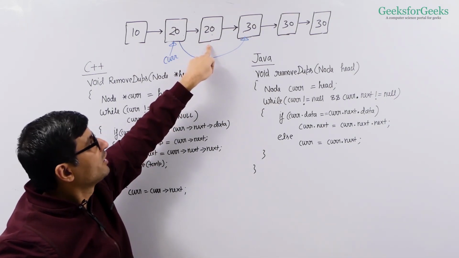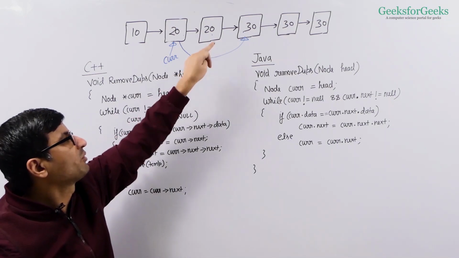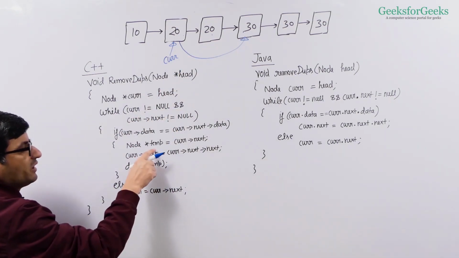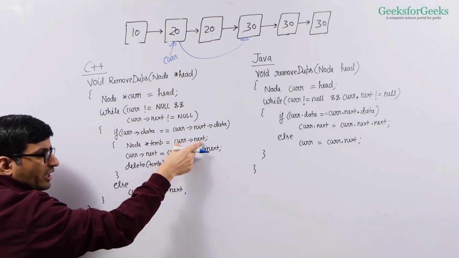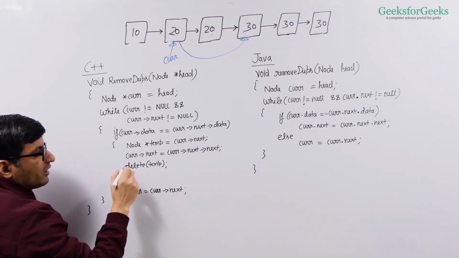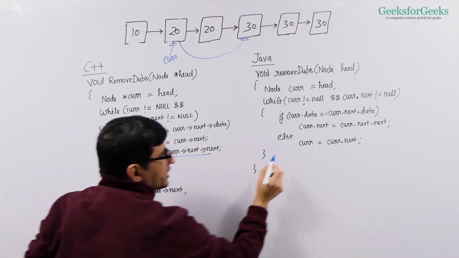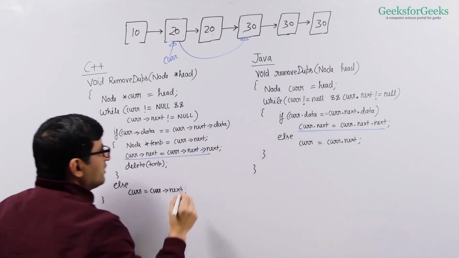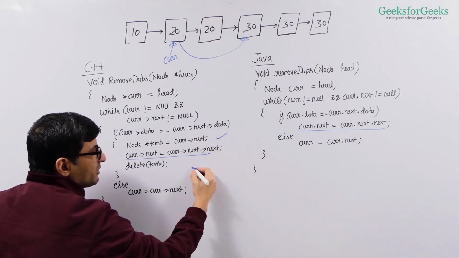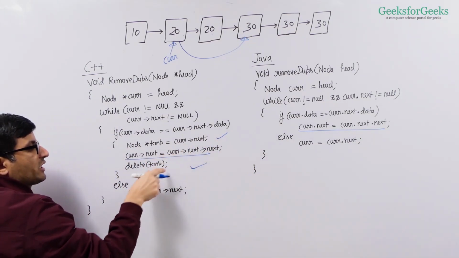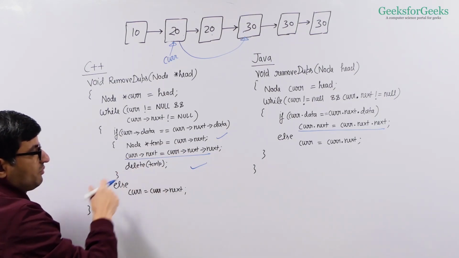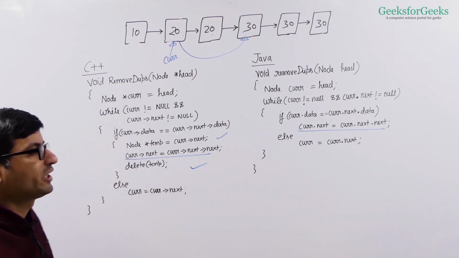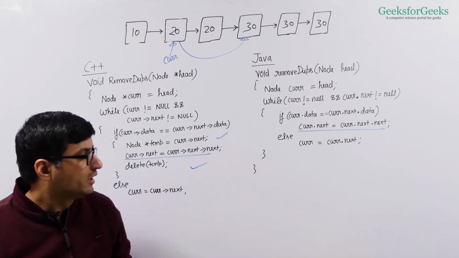Then we need to delete the memory allocated to that pointer. Then we do what we did in Java. These things are same in C++ and Java. Only these lines are extra in C++. So we store current arrow next and then we delete this temp pointer, right? That's how we deallocate the memory and we ensure that there is no memory leak.